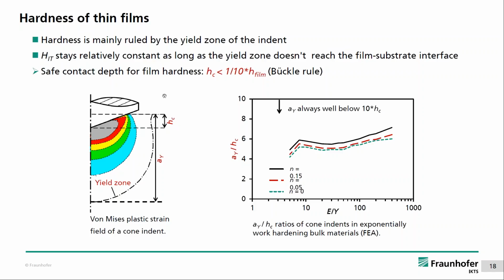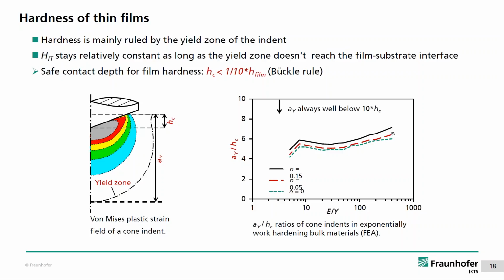And the reason for this is, I did some FE simulation, so this is the indent, and you have the yield zone here, the yield zone ends here, and this is the radius of the yield zone, and this is the contact depth. And I calculated the ratio of the yield zone size to the contact depth. So this is this axis, and here again E over Y, for a variety of different materials and also different hardening exponents.